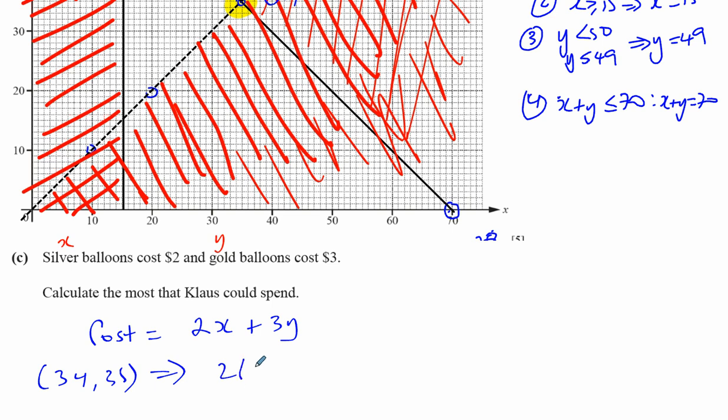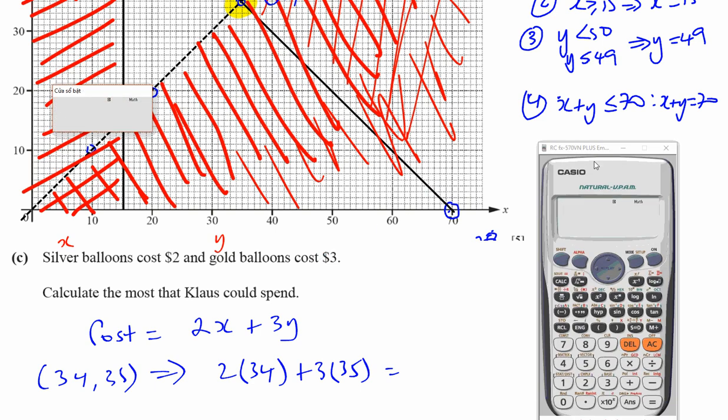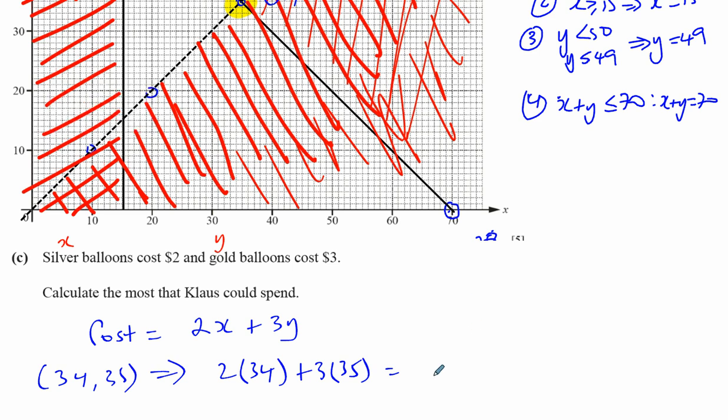It's going to give us 2 times 34 plus 3 times 35. You can take out the calculator. So 2 times 34 plus 3 times 35 gives us 173. That's $173.